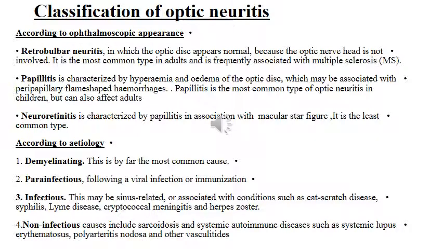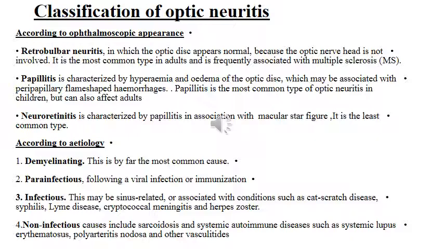So we send for MRI scan. This will show us inflammation and swelling of the retrobulbar portion of the optic nerve. Retrobulbar neuritis is the most common type of optic neuritis seen in adults, and it's the most common presentation in multiple sclerosis. In multiple sclerosis, we don't see disc swelling, but there is retrobulbar neuritis.